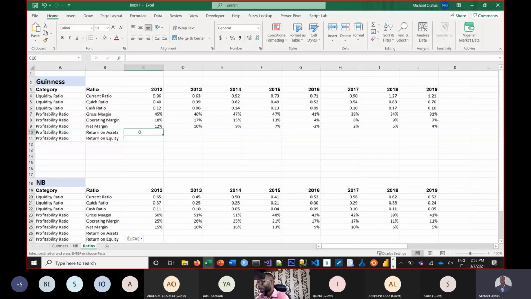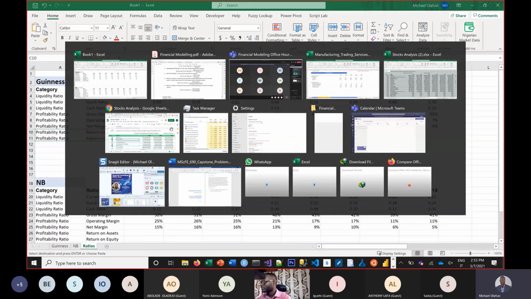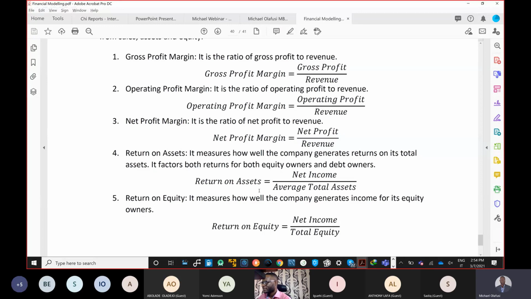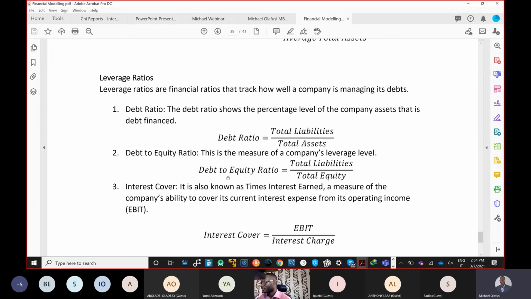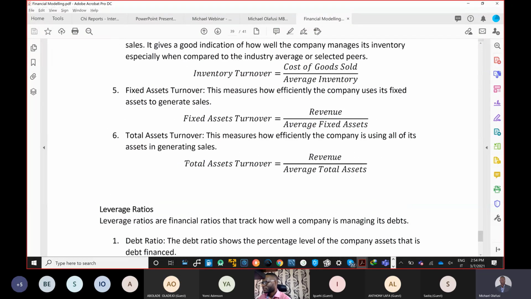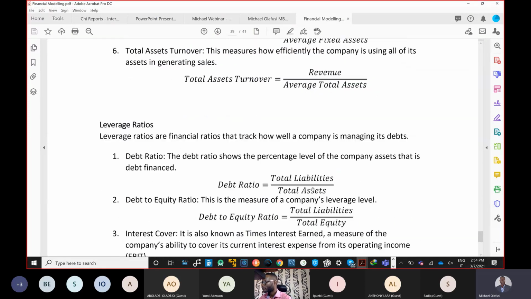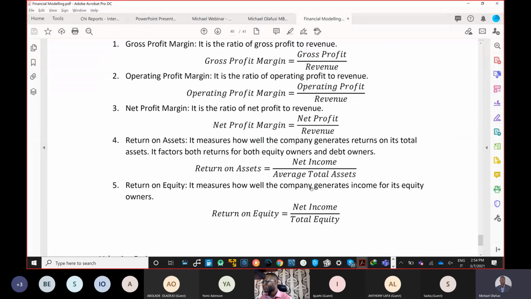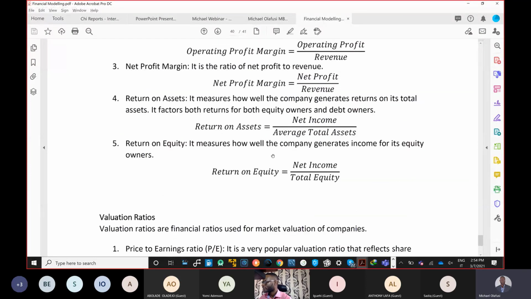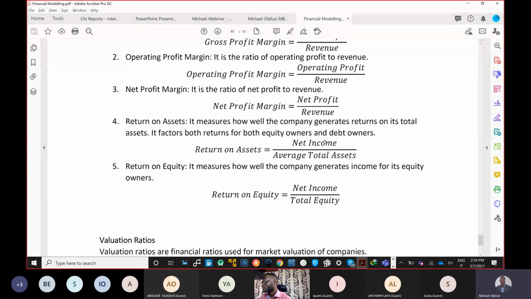So return on assets is going to be tied to profit. The difference between return on assets and total asset turnover is that for total asset turnover, we are checking how well you are using your assets to generate revenue, like to make products that you sell. Whereas with profitability ratios, everything is tied to your net income.